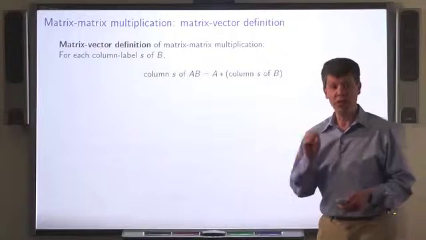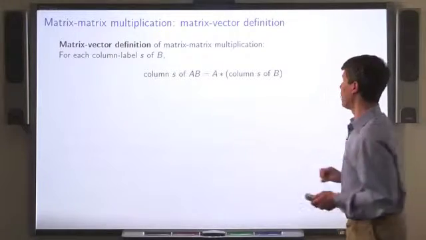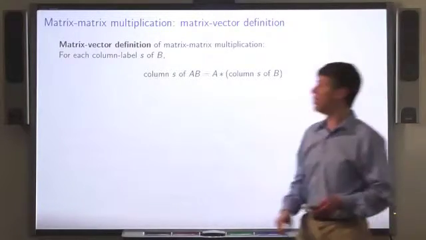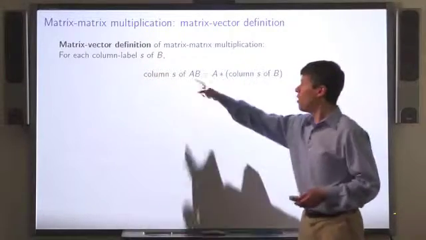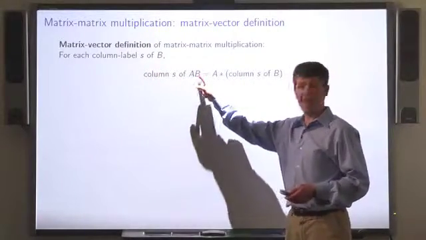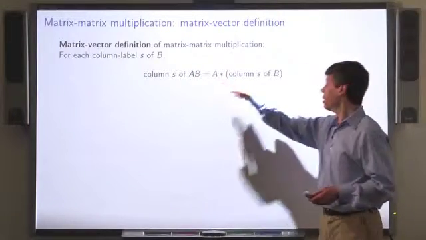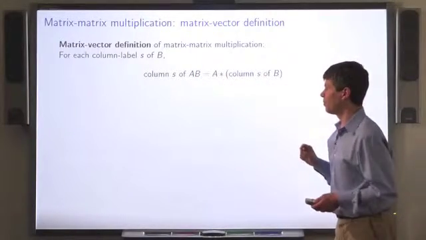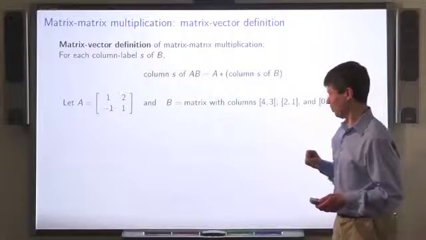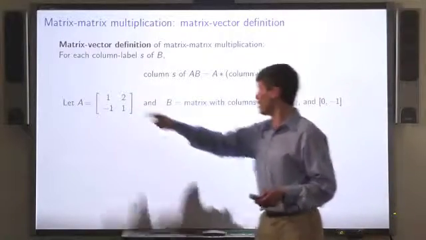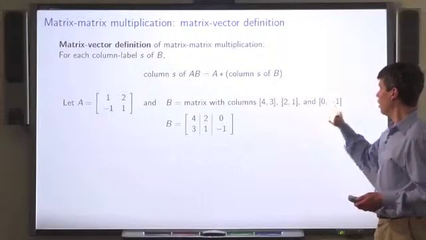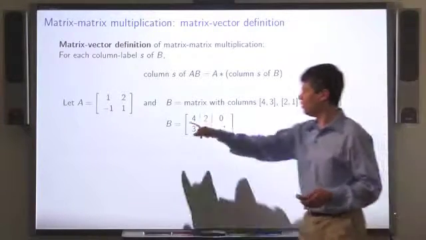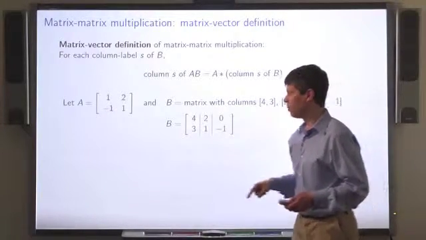Now I'm going to give the matrix vector definition of matrix matrix multiplication. For each column label S of B, column S of the product AB is A times column S of B. So for example, let A be this matrix, and let B be the matrix with columns 4, 3, 2, 1, and 0, minus 1. So here's B. Those are its columns.